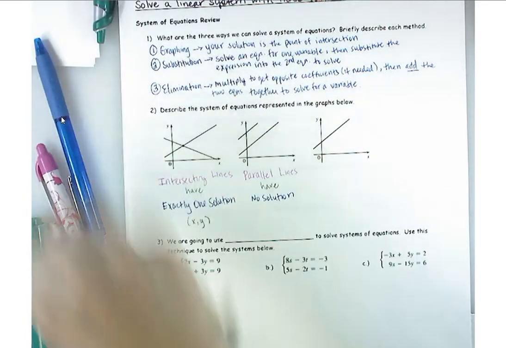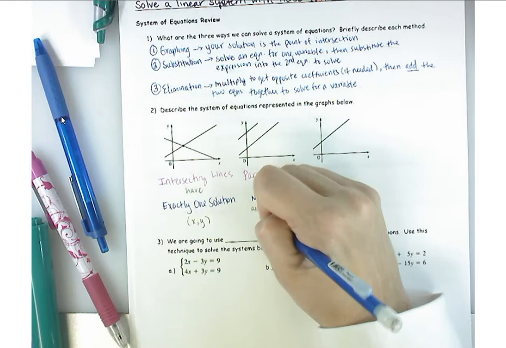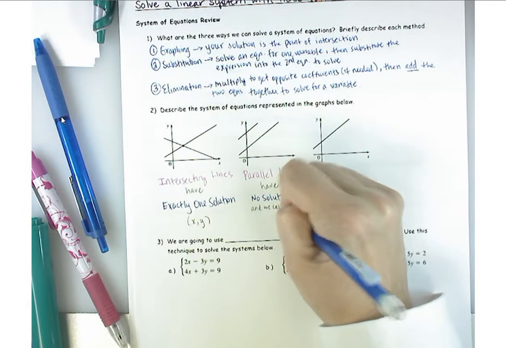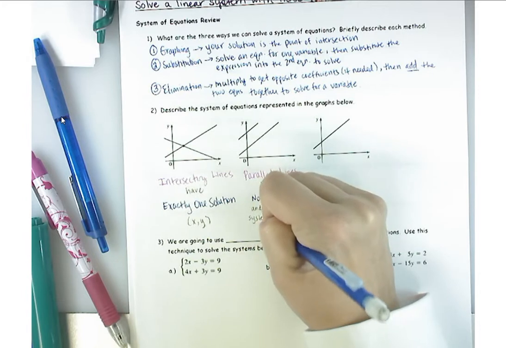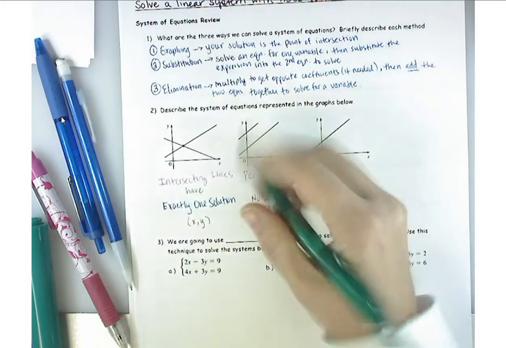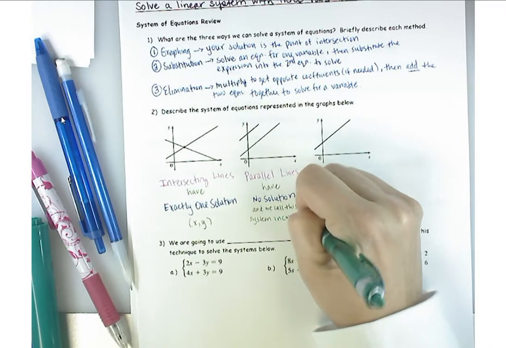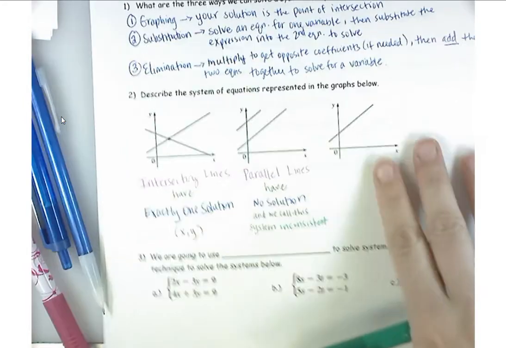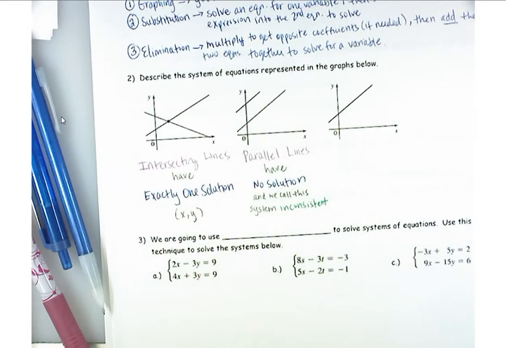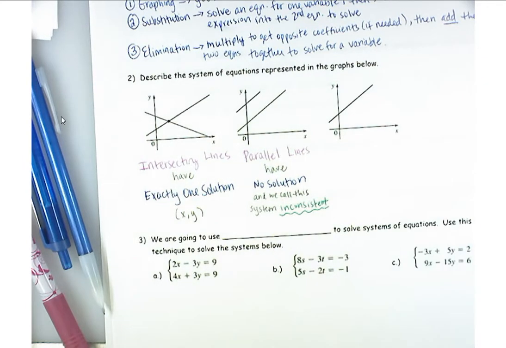And what we do is we call this inconsistent. Okay, so we have parallel lines. Those have no solution. And then we call that type of system inconsistent.